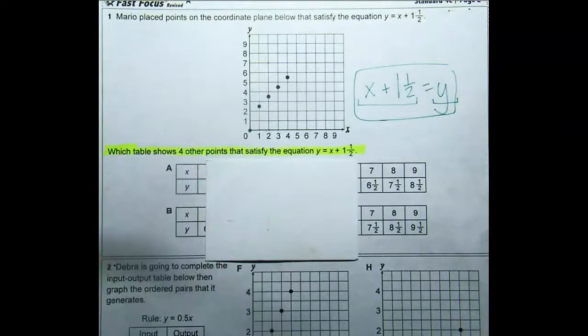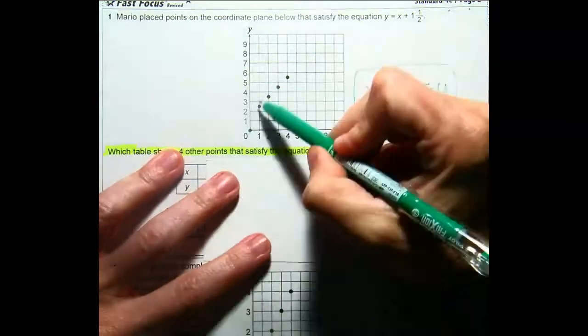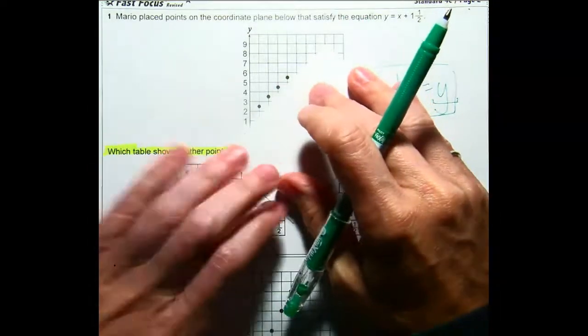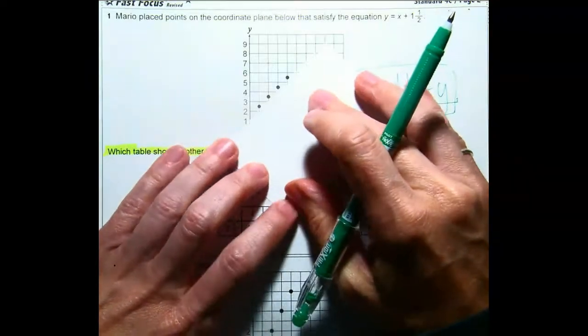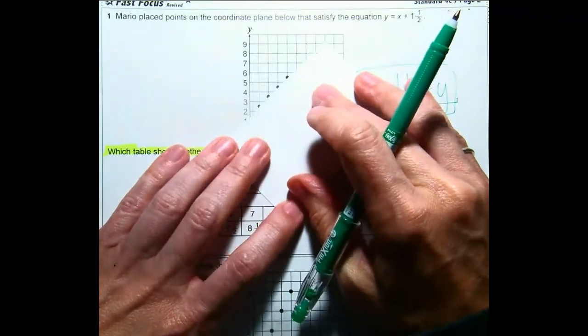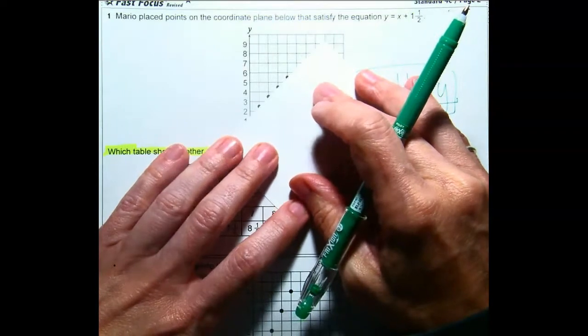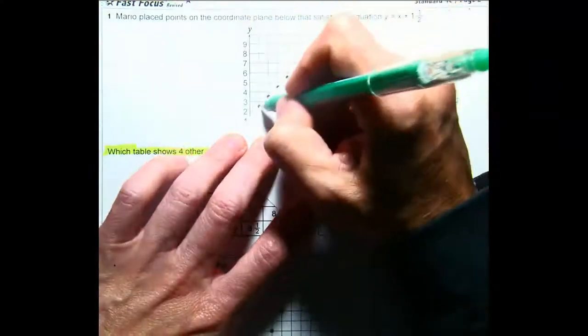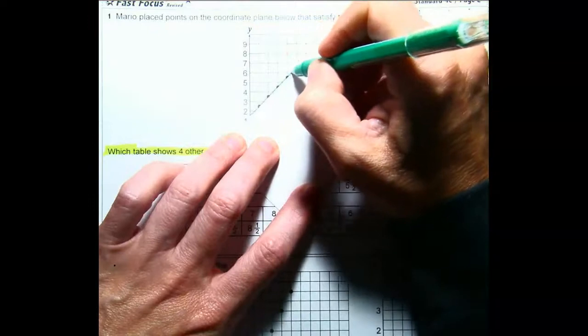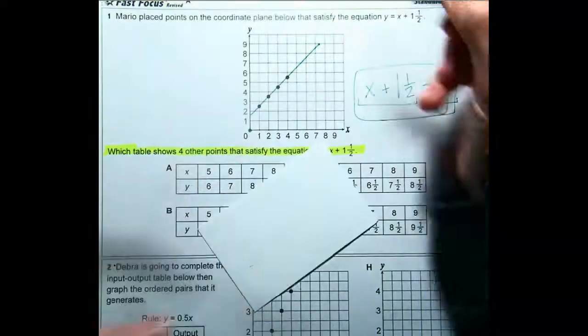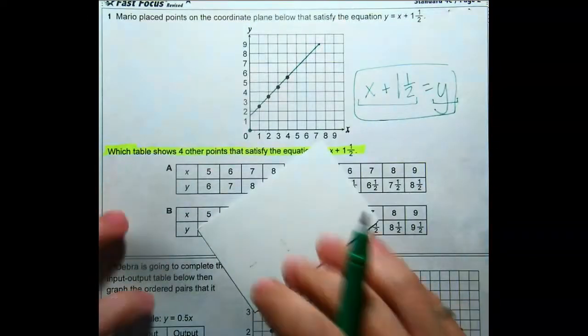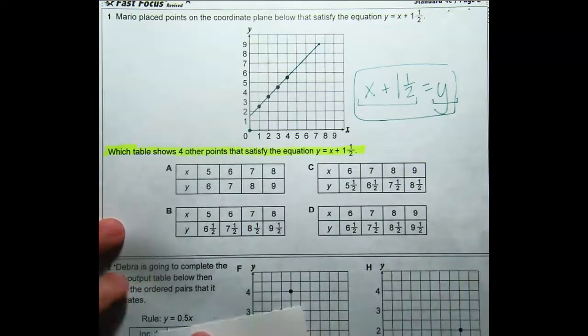So let's think about what the next points would be. If you'll notice, this does form a line. You can just connect the dots and see that a line will be formed by these. This is called a linear equation. It forms a line. There's a rule that's attached to that.